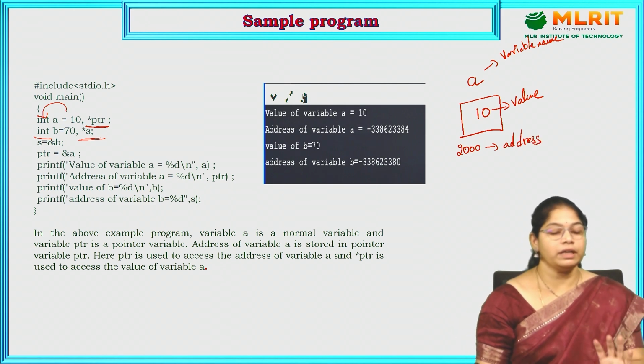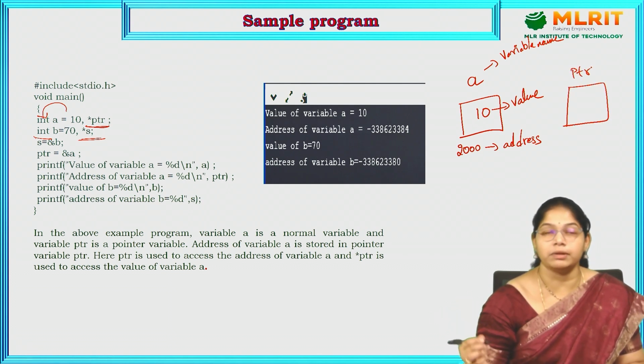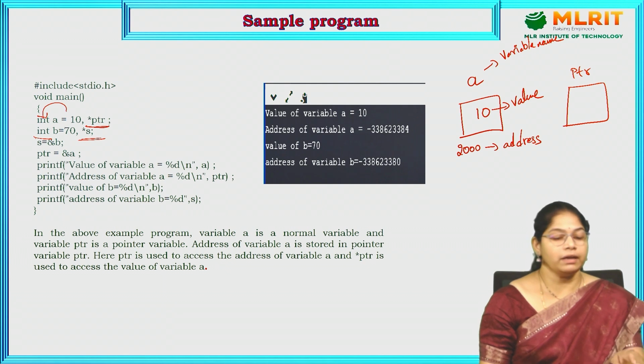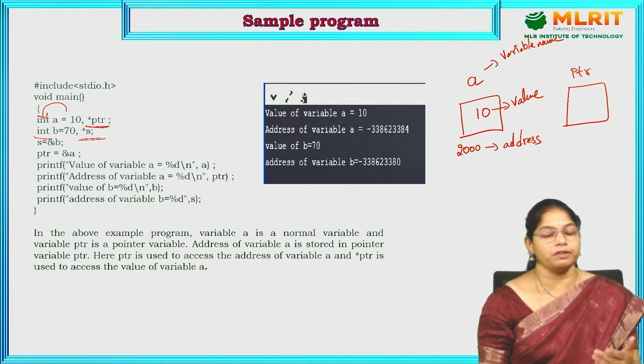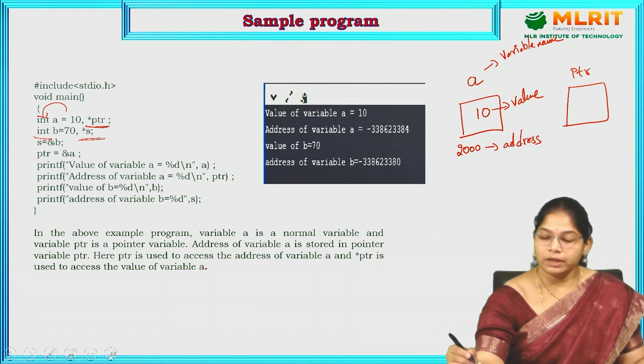Now here we declared ptr also. So some memory is allocated to this ptr also, like a normal variable. But here ptr is the pointer variable. The purpose of a pointer variable is that it can store the address of another variable whose data type is integer. So for ptr, some more memory is allocated.